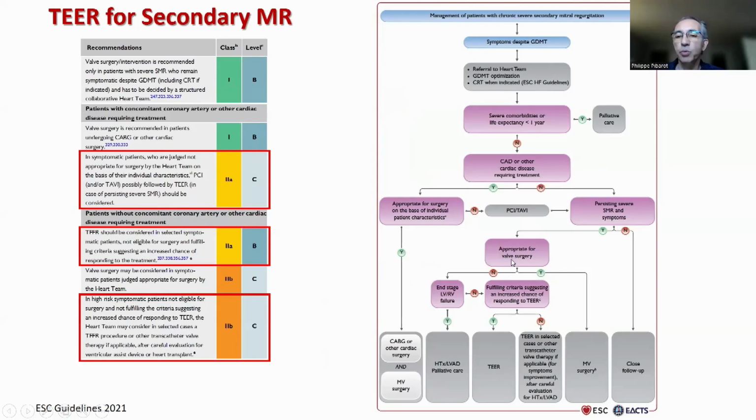Patients not appropriate for valve surgery, not having end-stage LV or LV failure, because otherwise you should consider palliative care, and who fulfill criteria suggesting an increased chance of responding to TEER. And well, the guidelines are relatively vague on this last step. So if you do have all these criteria, yes, TEER is indicated. If not, you may consider TEER, but with caution.